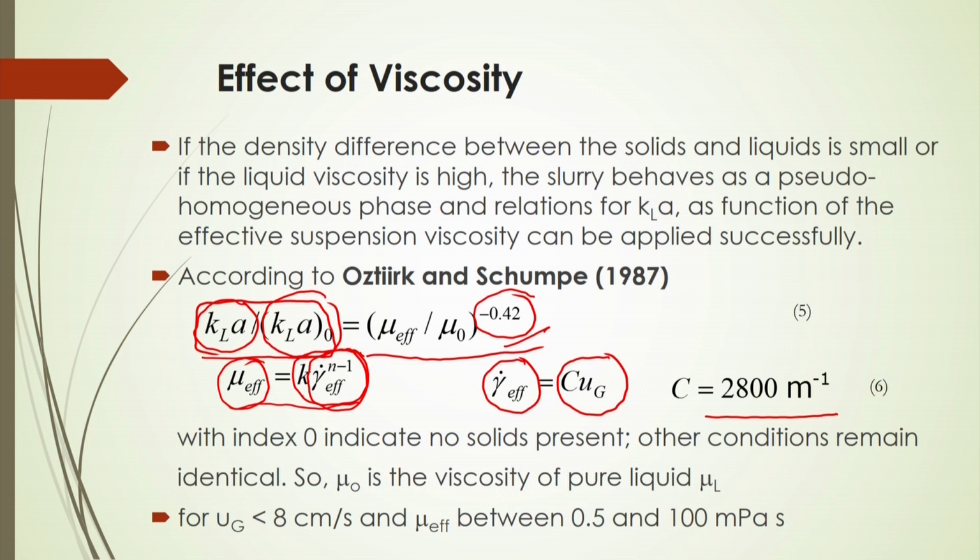So, mu 0 is the viscosity of the pure liquid, which is represented as mu L, and for u z less than 8 centimeter per second and effective viscosity between 0.5 and 100 millipascal second, only then you can apply this equation number 5 to predict the overall mass transfer coefficient in the presence of solids.